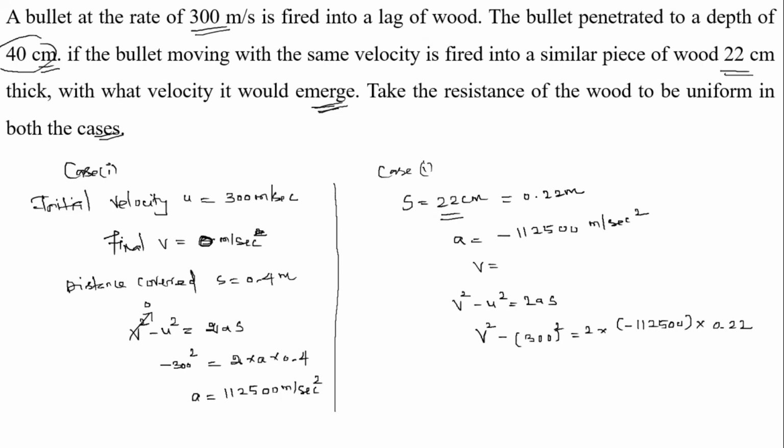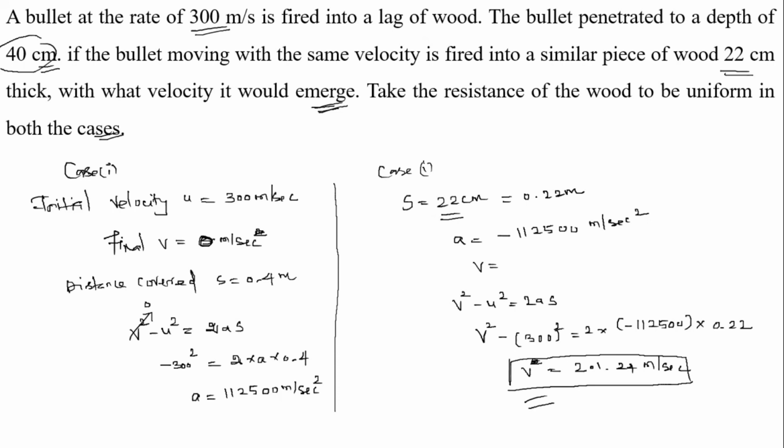So v squared is equal to, solve this, 300 squared into 2 into this in terms of minus, so minus minus cancel. So v is equal to 201.24 meter per second. This is the final answer.